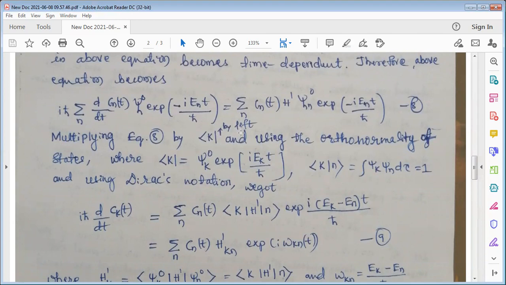It is a left multiplication because in this vector multiplication we have to specify whether it is a left multiplication or right multiplication, and this is the left multiplication using the Dirac notation, and using the orthonormality of states, where this bra k is actually a wave function, psi k of 0 exponential of i E k t upon h cross, and this orthonormality is delta kn equal to integration of psi k star psi n d tau equal to 1.